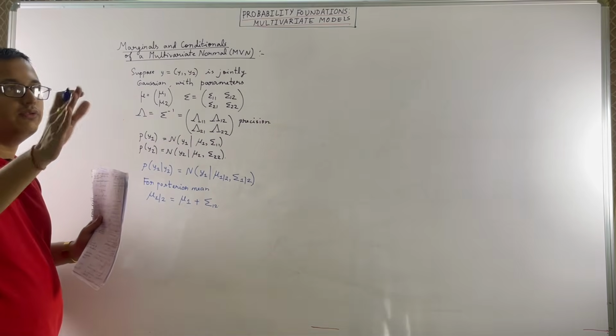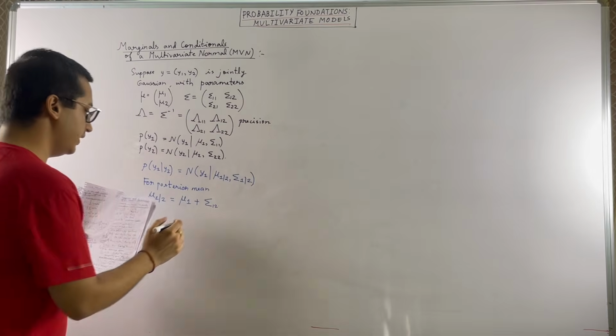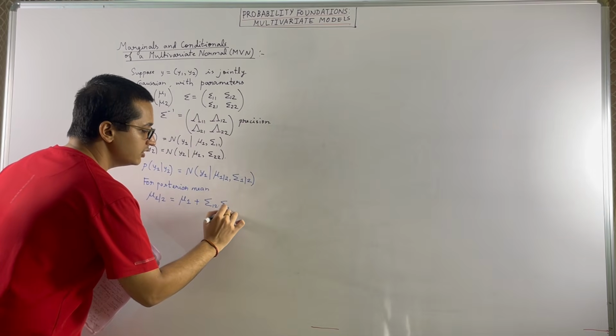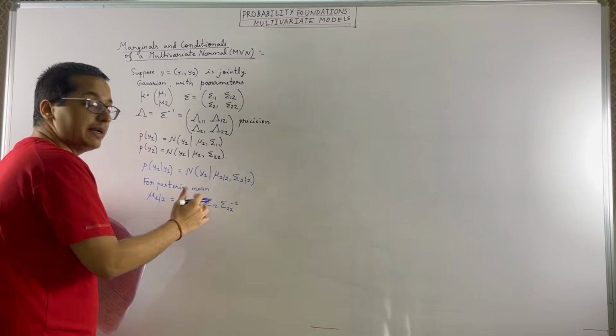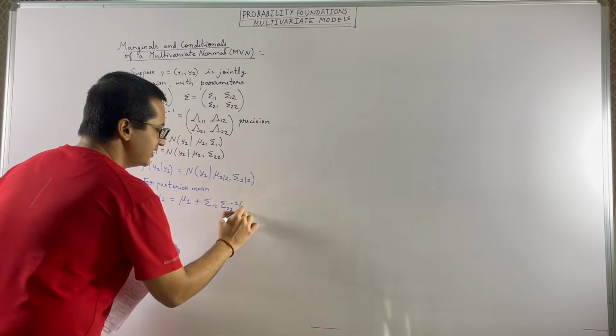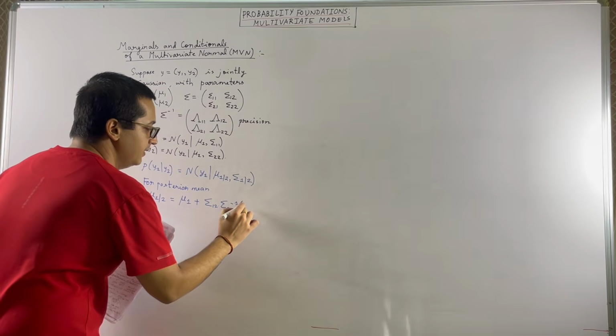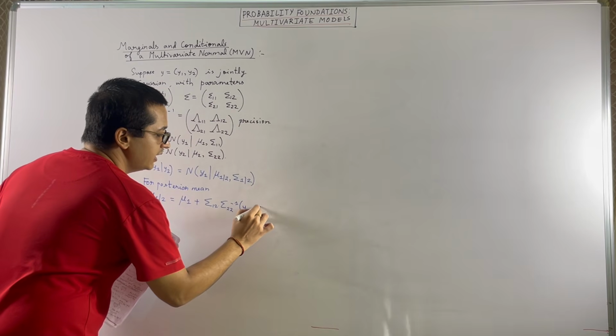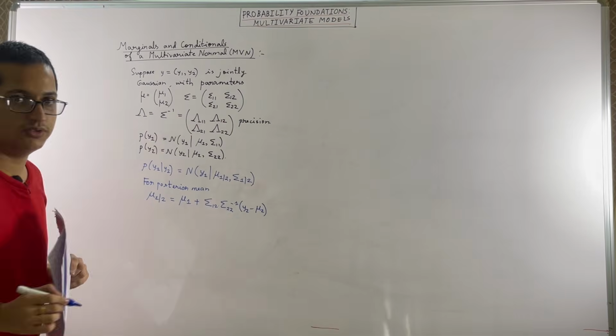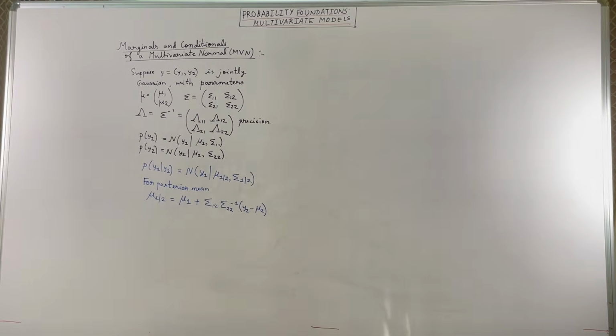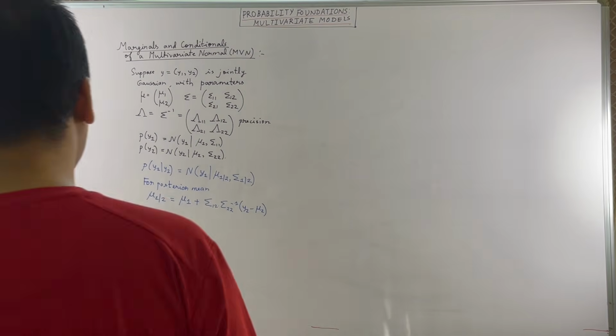Then we have to match the units, the dimensionality matching, just an intuitive way of remembering, but we'll derive it, times y2 minus mu2. So is it clear? Good.